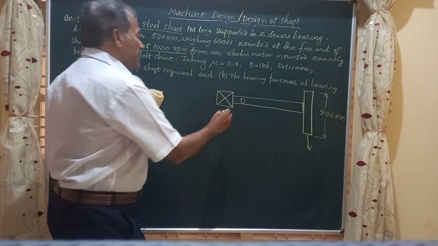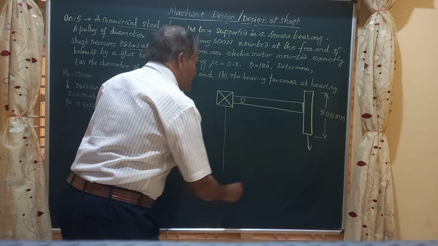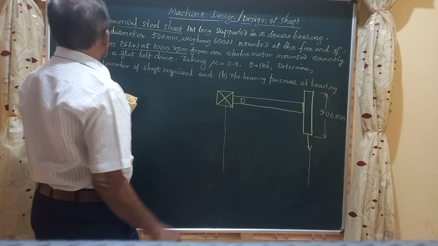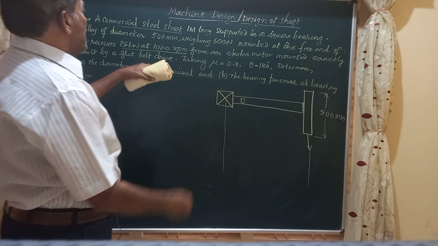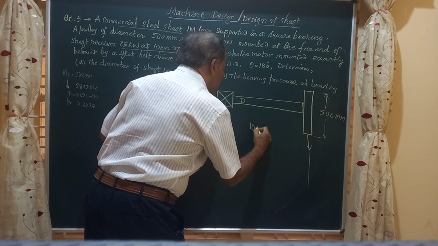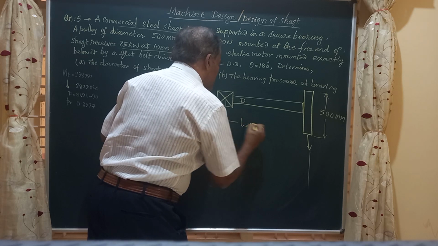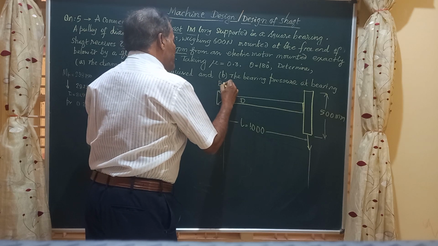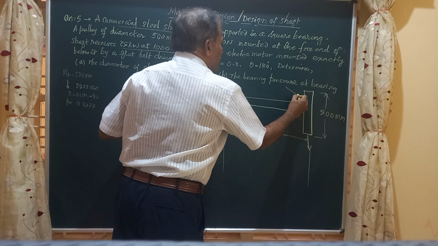So friends, the length from the center of the bearing to this is given to be 1 meter long. They have given you clearly. This is 1000 mm, the length of this shaft which is supported in this bearing. This is the pulley.